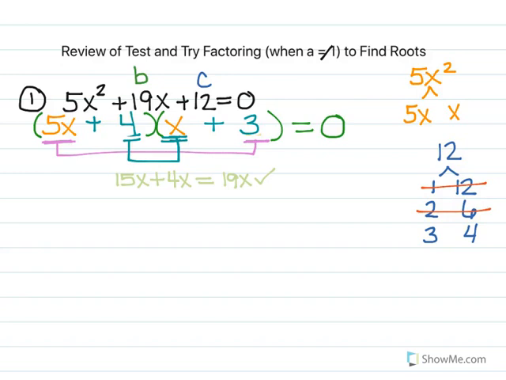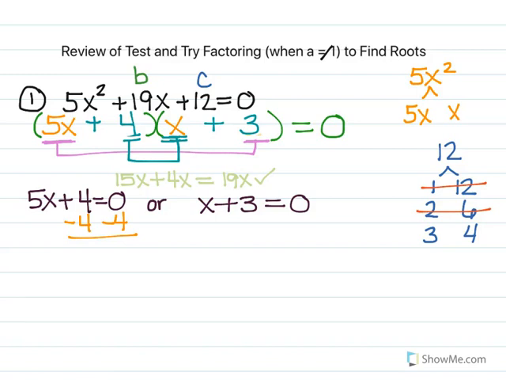Then, after factoring, remember we're solving still. We're solving for roots. You're then going to, just like you did yesterday, take your factors and set them equal to 0, and then you'll have two x values that you need to solve for. So, when you have this 5x plus 4 equals 0, the first thing you should do in this two-step equation is to subtract 4 from both sides so that you are only left with 5x on one side and negative 4 on the other.